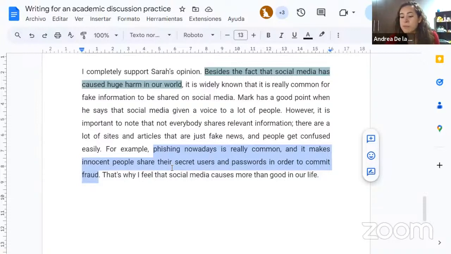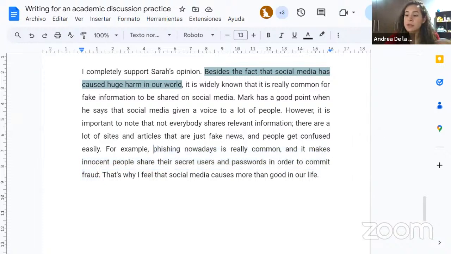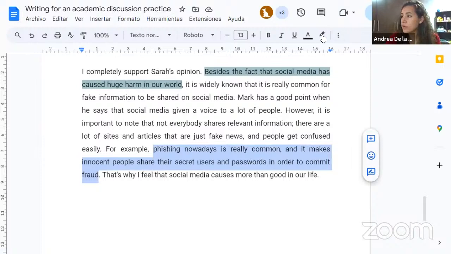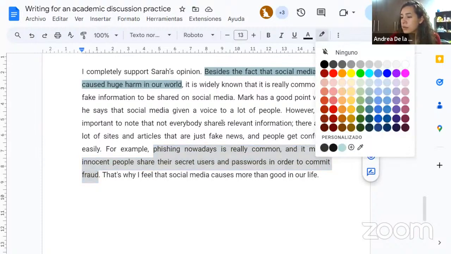You could say some people were saying on social media that this was created by the government, for example. So you could do something like that, where you give an example of fake information shared through social media, right? Because your example and your details need to be related to what you said before. That's one other thing that I would say in terms of content.